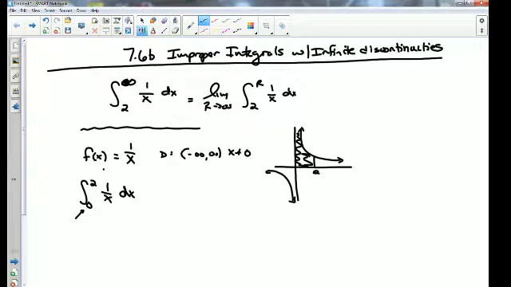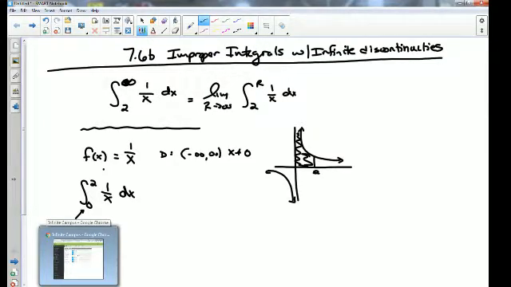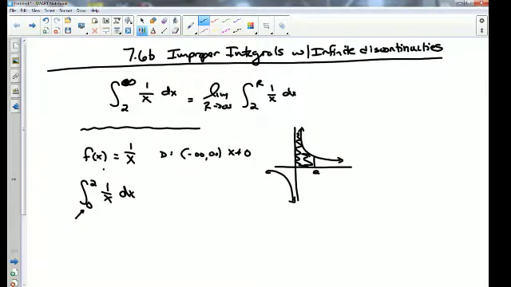Why do you call it infinite discontinuity? Because the function goes to infinity at that point. As x approaches 0 from the right, we go to infinity, or from the left we go to negative infinity. Versus a jump discontinuity, which is a jump, versus a point discontinuity, which is a hole.